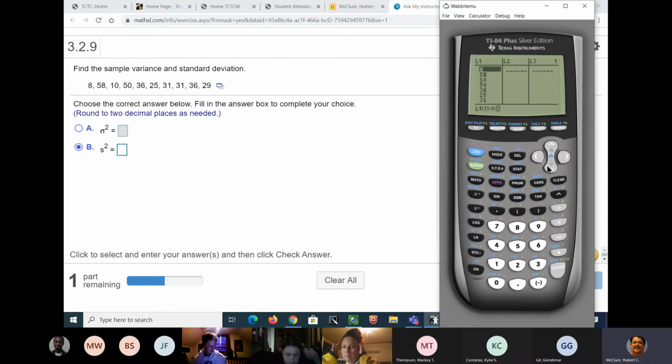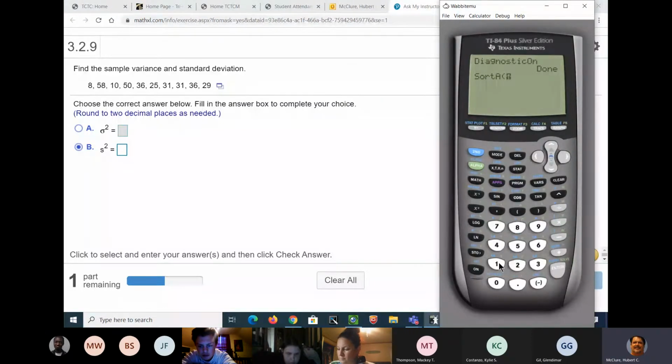Now, as you can see, they're not in order. So you got to put them in order. So you hit stat, sort A. That means ascending order. And second, L1, which is 1.